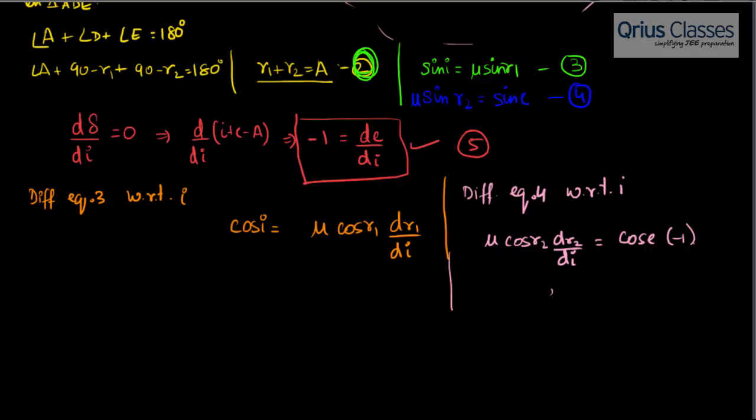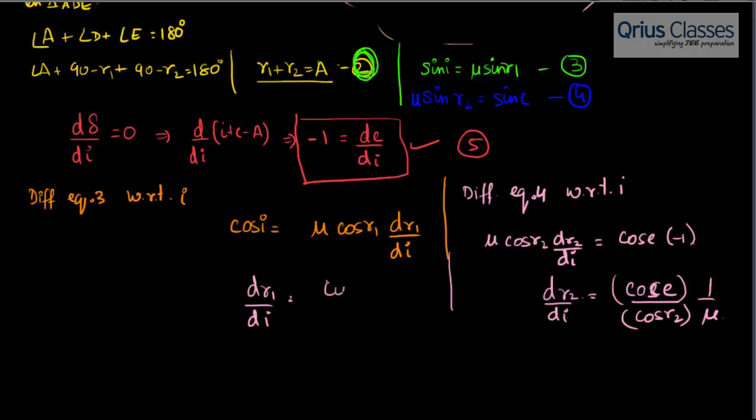That gives us that dr2 by di is equal to cos of E by cos R2 into 1 by mu, and dr1 by di is equal to cos of I by mu cos of R1. So here this is a minus sign, right?